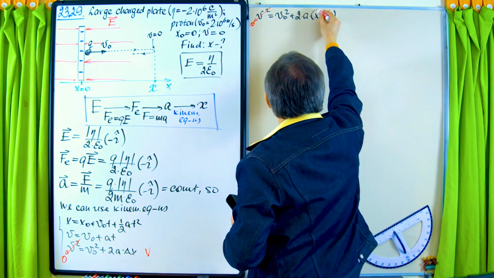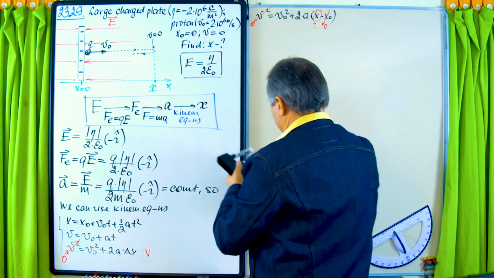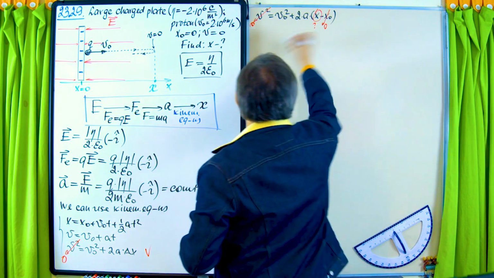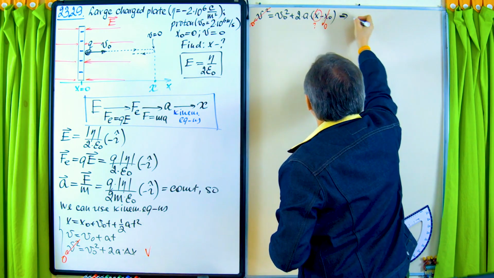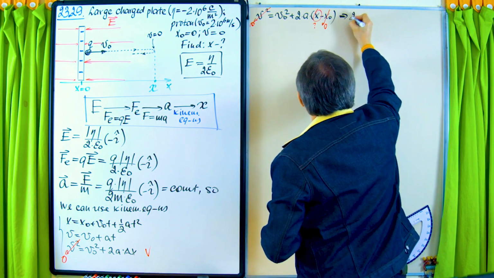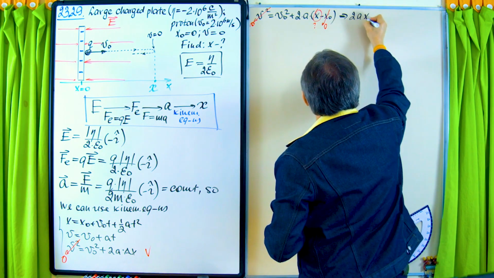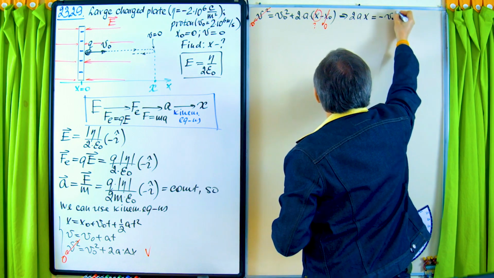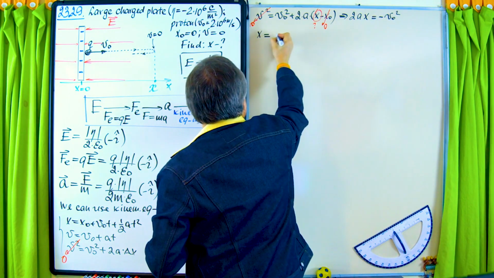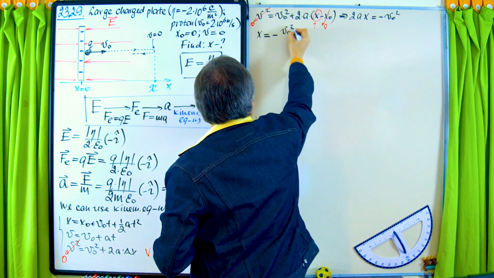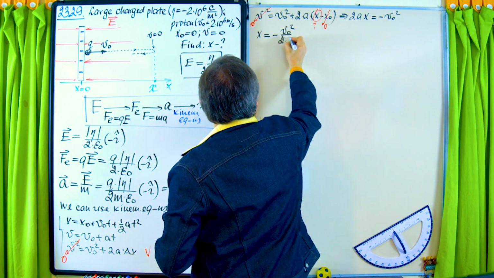This is our unknown. So I need to move terms around. It will be 2ax equals minus v naught squared. And of course, from here we can solve it for x. X will be equal to minus v naught squared divided by 2 times a.